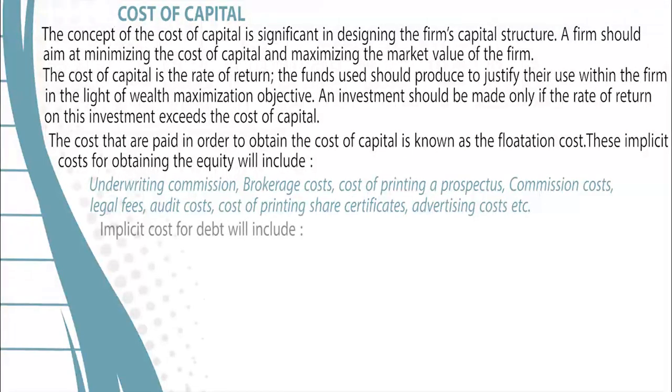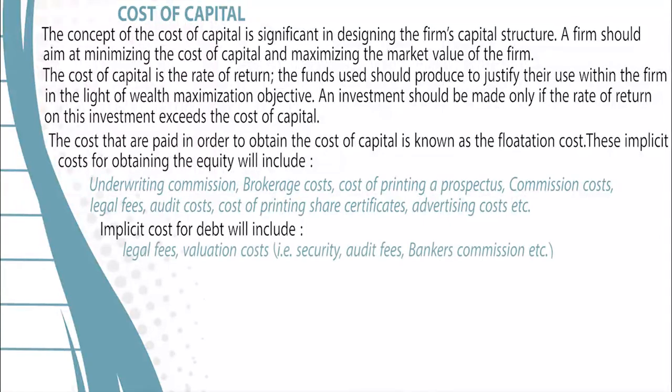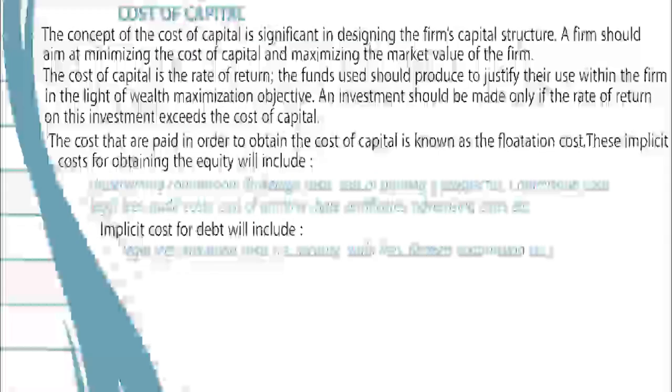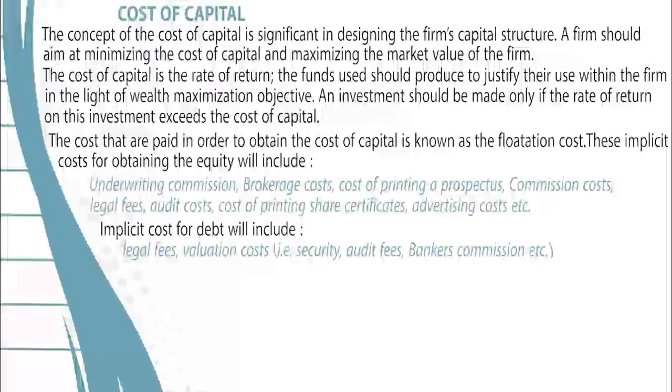The implicit cost for debt would include the legal fees, the valuation costs for security, audit fees, bankers' commission, and so on and so forth. So those are the implicit costs.